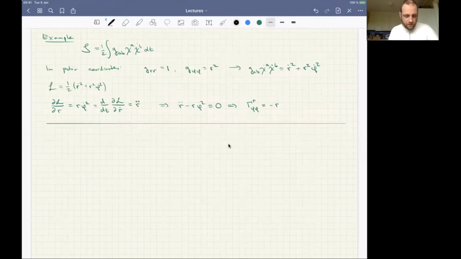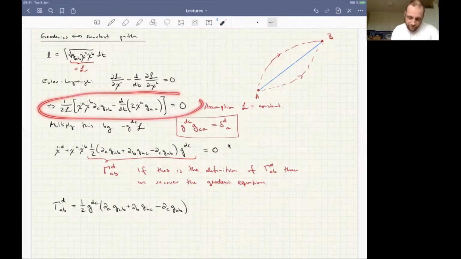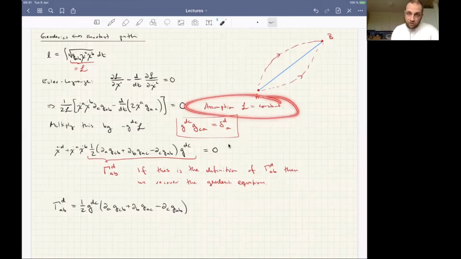I have a question about the square root in the integral sign. Why did we skip it this time? The thing is, to get to this equation, I had to assume that L would be constant, so I have to have reparametrized my curve in such a way that the tangent vector has constant length.